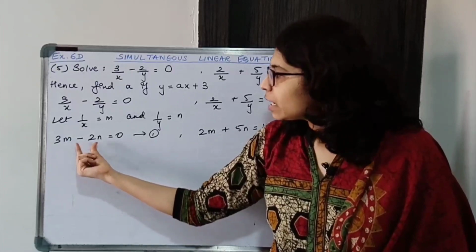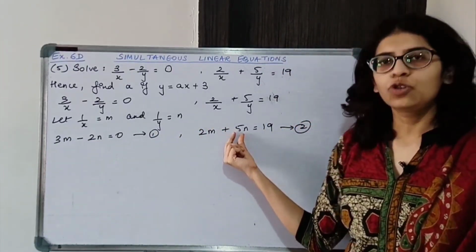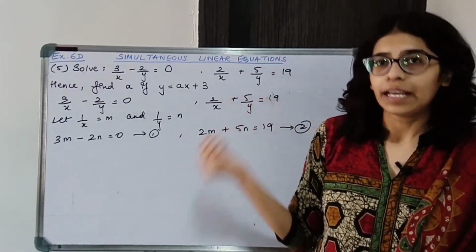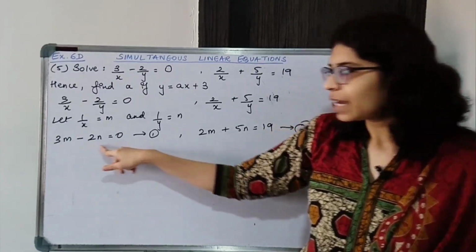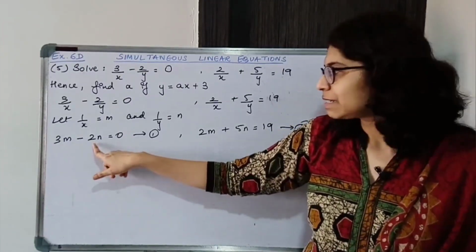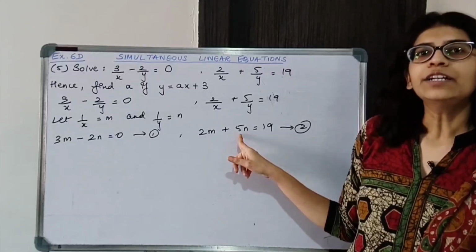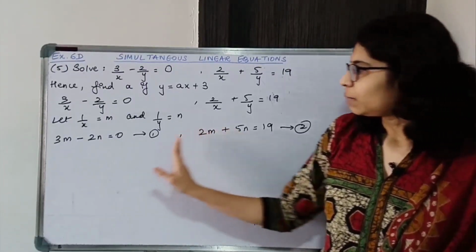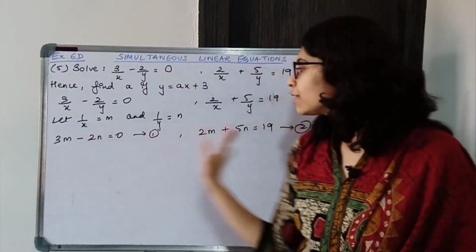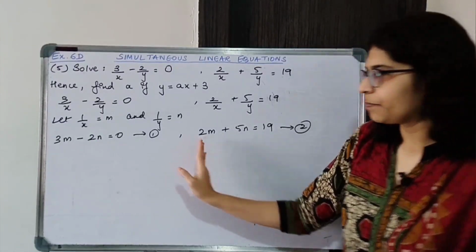Okay, 2 and 5. What will be the LCM of 2 and 5? 10. So I have to multiply this by 5 to make this 10 and this by 2 to make this 10. So I'll multiply entire equation by 5 and here I'll multiply entire equation by 2.